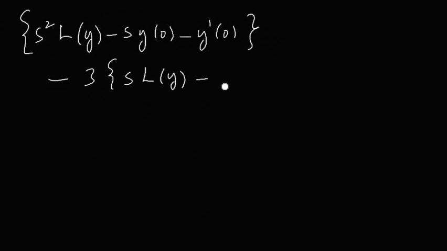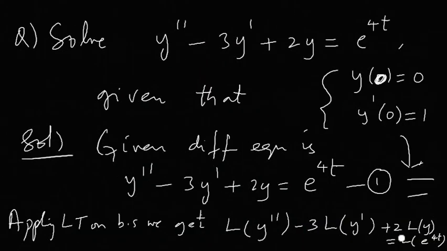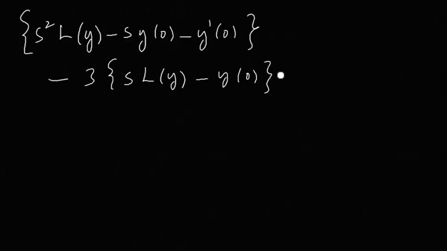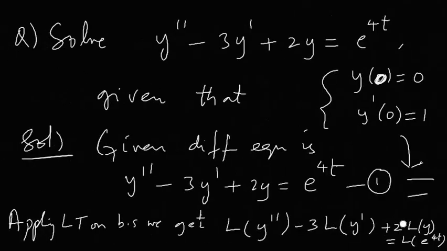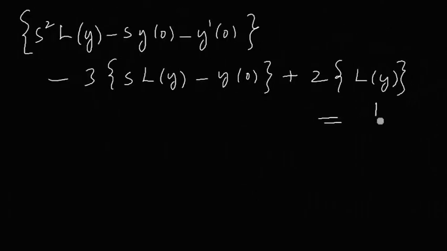Next s will be gone, so y of 0 will be there. And next that plus 2 times of L of y, we are not doing any change here, that is L of y, that is equal to 1 by s minus 4.